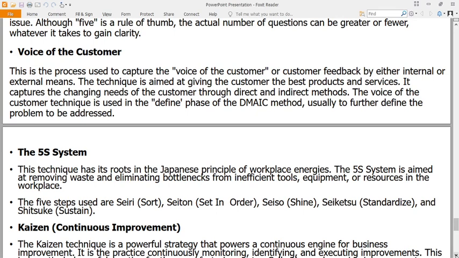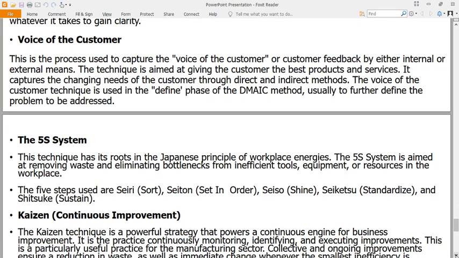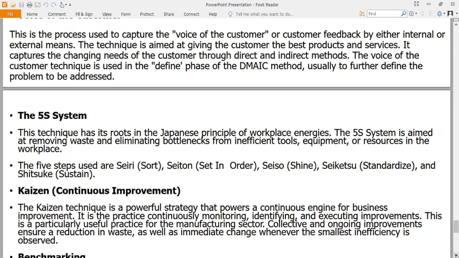These represent: you sort, you set in order, you make your solutions shine, you standardize, and then make sure you sustain them. These evolved from Japanese words. I will not read them, but it is basically aimed at removing waste and eliminating bottlenecks from inefficient tools or equipment or resources in the workplace.